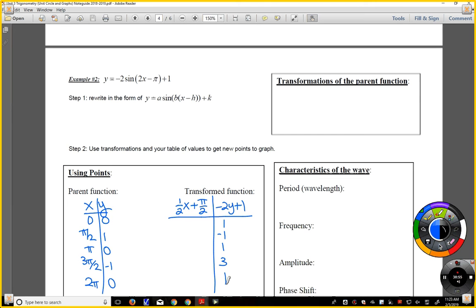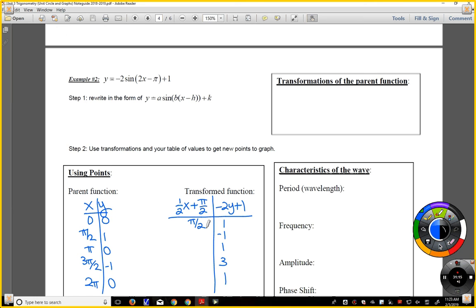The x values, this is where it gets a little bit tedious and you guys have to be willing to take your time and go through some arithmetic. So 0 is okay, like 1/2 times 0 is 0, plus pi over 2 will still be pi over 2. When you get to pi over 2, you need to do 1/2 times pi over 2.